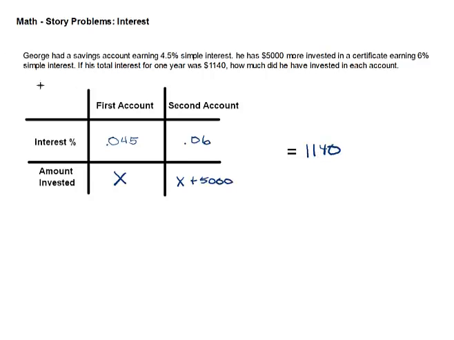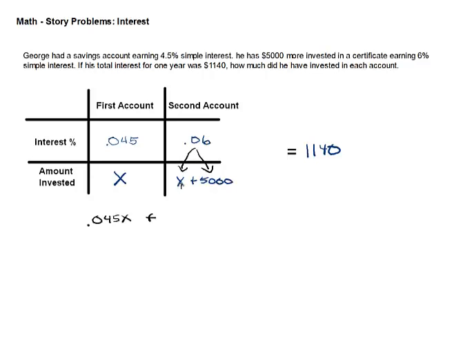So we have to multiply straight down. For the first account, we want to multiply the interest times the amount invested. So we'd end up with 0.045x. And then we're going to add it. And this one, we're going to multiply this times both pieces here.